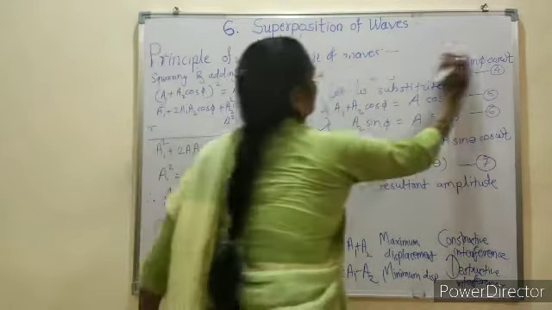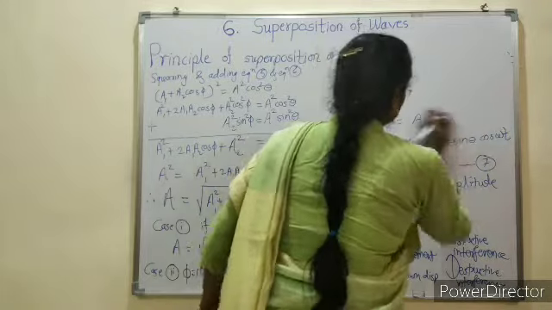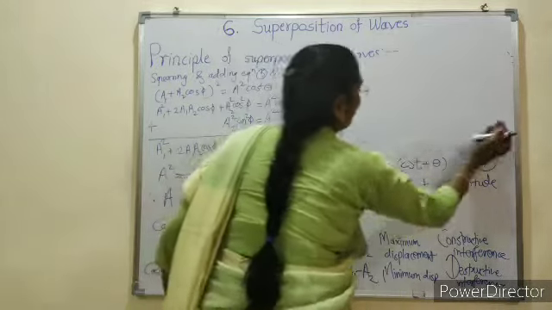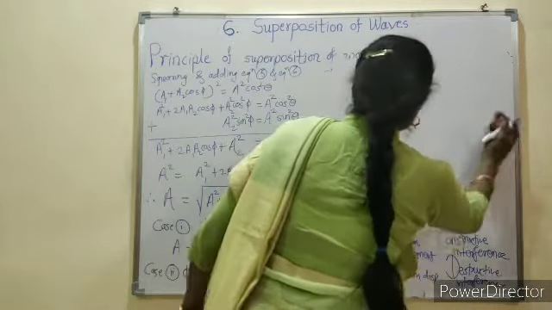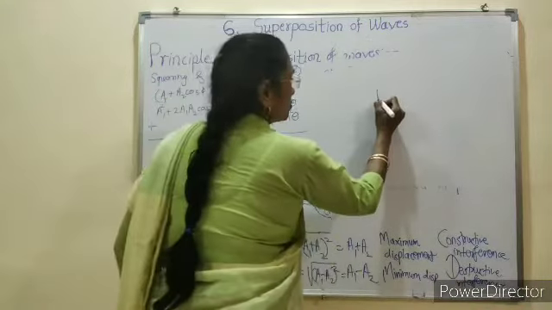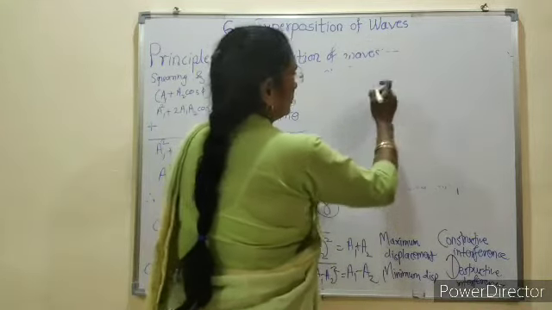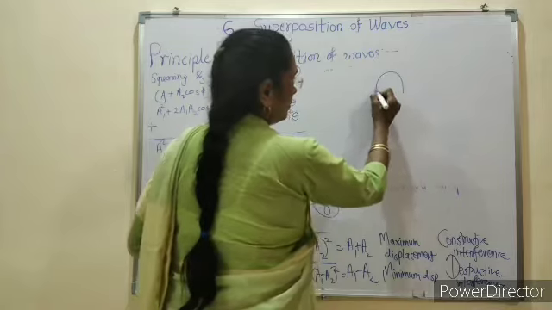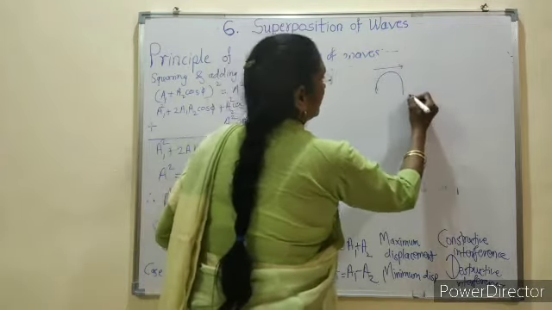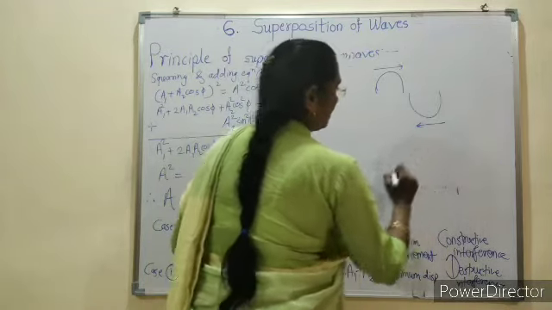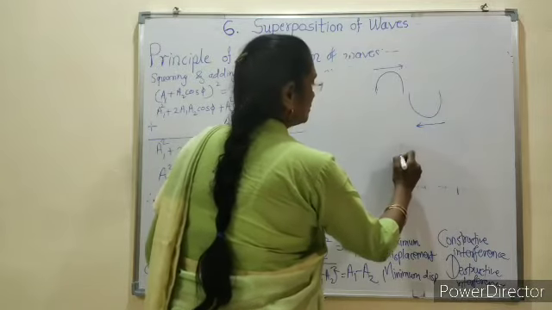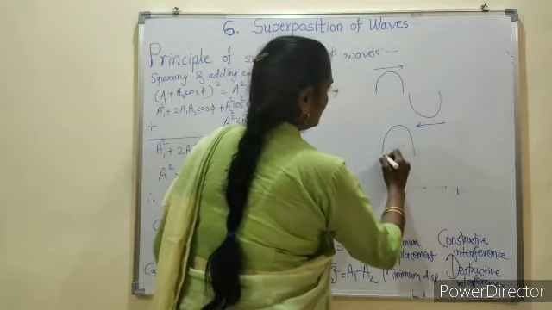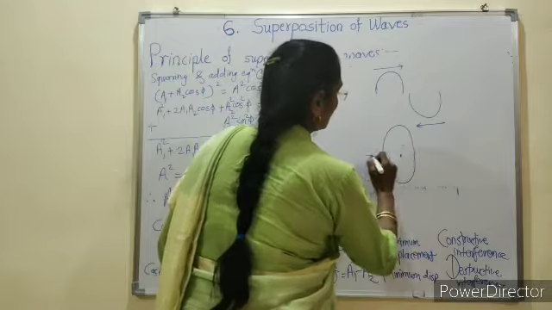So let us again recall destructive interference. We have shown that a crest is arriving here and a trough is arriving at a point. The disturbance produced here is like this.